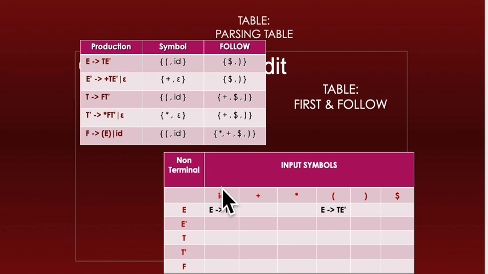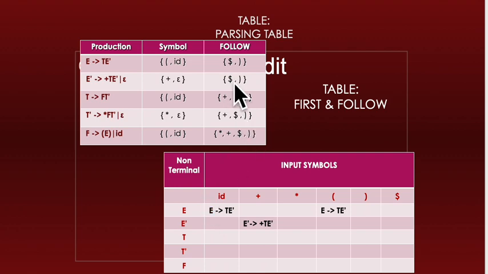Now come to E dash. First of E dash we have plus and epsilon. There are two productions for E dash: E dash gives plus T E dash and E dash gives epsilon. The production starting with plus is E dash gives plus T E dash, so under plus we write that. As we are not including epsilon in the table, when we have epsilon in first of E dash, include symbols of follow.